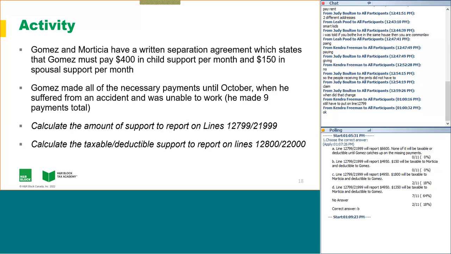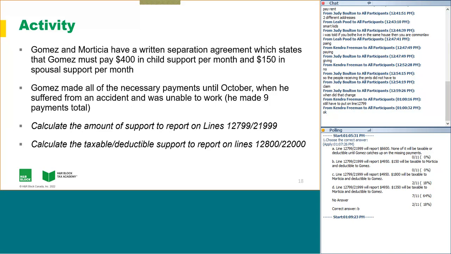Okay. If he makes a lump sum payment to catch it up in January of 2022, what will happen on the 2022 return? Option A, the payment will not be reportable because it's a lump sum and not a periodic payment. Option B, the payment will be reportable and taxable/deductible. Morticia and Gomez should include the lump sum payment on 2021 because that's when the money was owing.